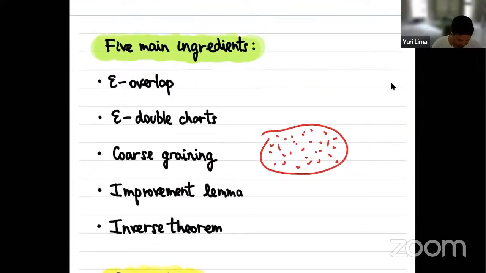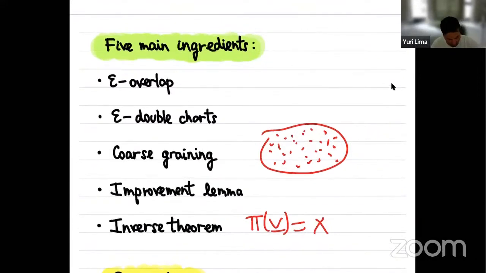Then more difficult questions come into play. The first one is this improvement lemma. I will not tell you what it is right now. It will be clear as we go in. And then the last one is the inverse theorem. The inverse theorem is exactly related to the following question. We constructed our coding map. To every pseudo orbit phi, we get a point X in the manifold that is coded. And the idea of the inverse theorem is actually an inverse problem.